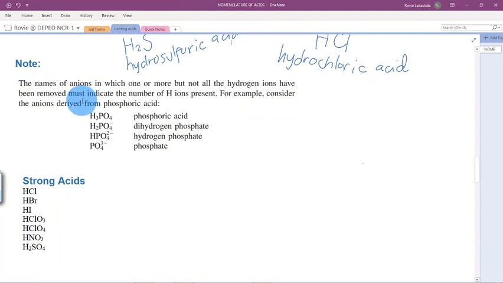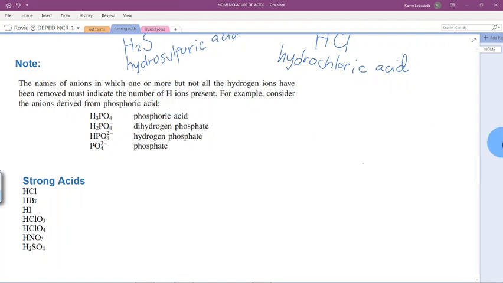If not all the hydrogen ions have been removed, we must indicate the number of hydrogen ions present. So for example, let's say our ic acid is H3PO4, which is phosphoric acid.